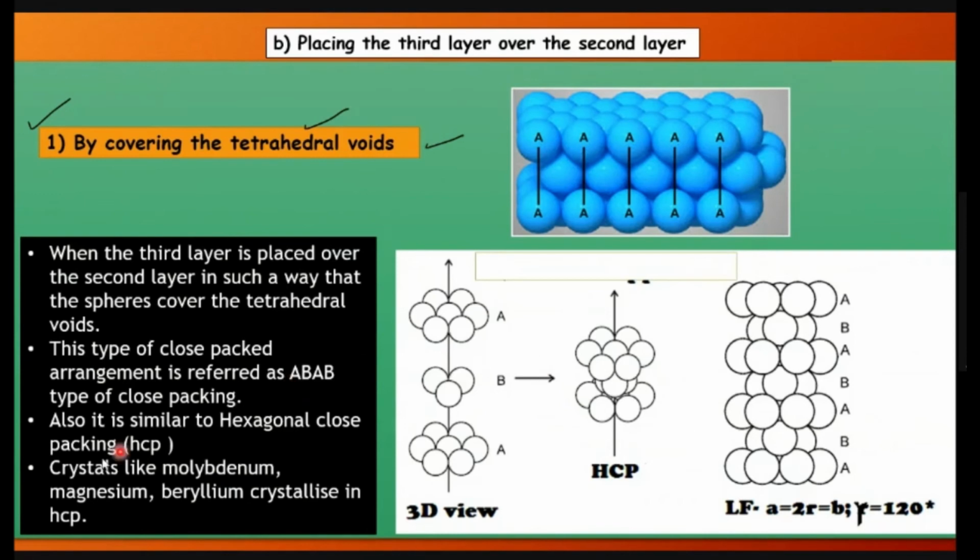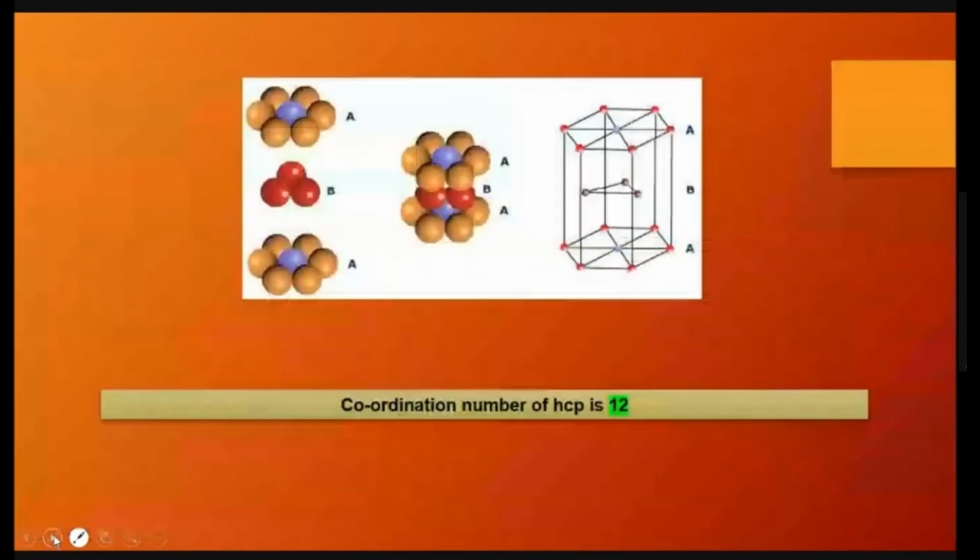Right. Now we'll try to understand the coordination number here, because it is very important. I told you the first layer and the third layer are identical layers. That's why I call both the first and third layer A type of layer.